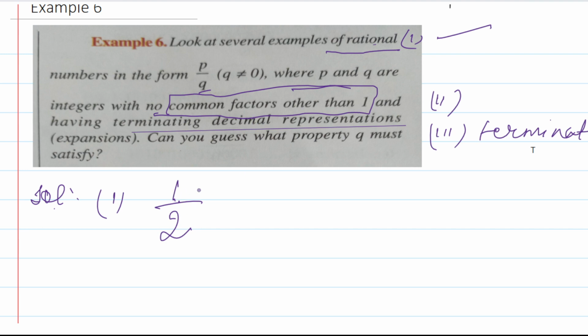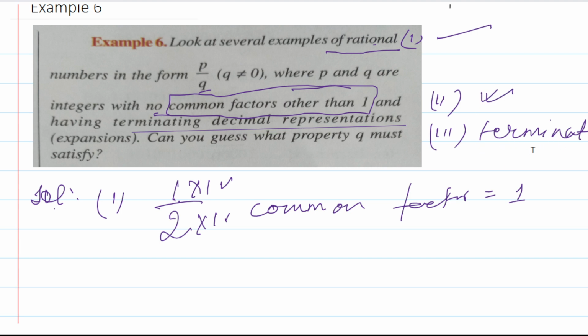Yes, see, 1 I can write as 1 into 1, and 2 as 2 into 1. So the common factor in both the numerator and denominator is only 1. Other than 1, I do not have any common factors. So condition 2 is also satisfied.